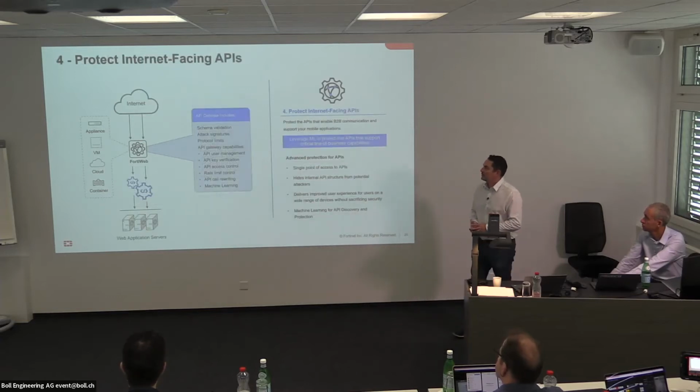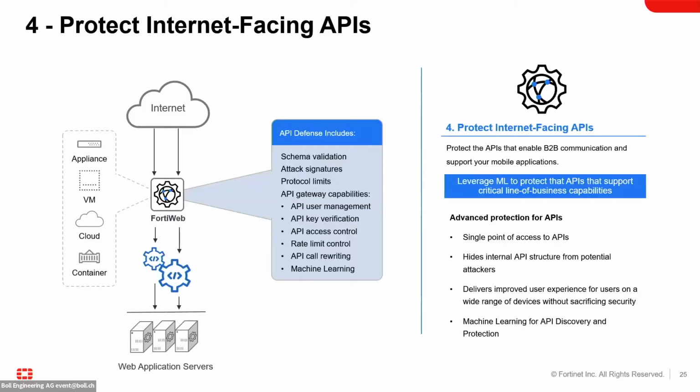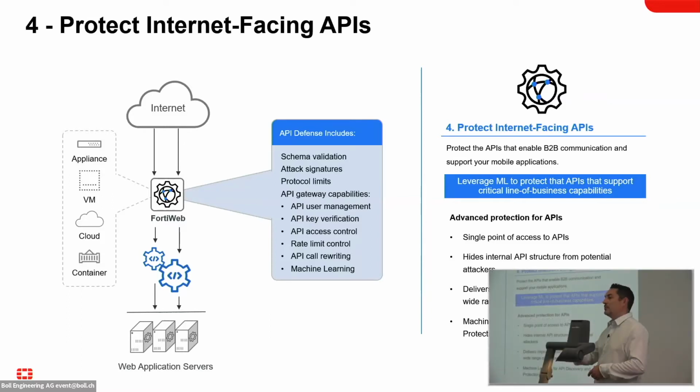Now let's talk about protecting internet-facing API. More and more companies now expose their API for many purposes, for I would say basically integrating with our solution, for management, for interacting with people, for mobile application, with many uses of the web application, of the API application right now.